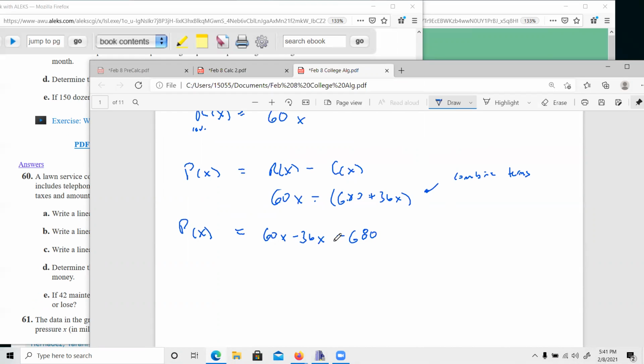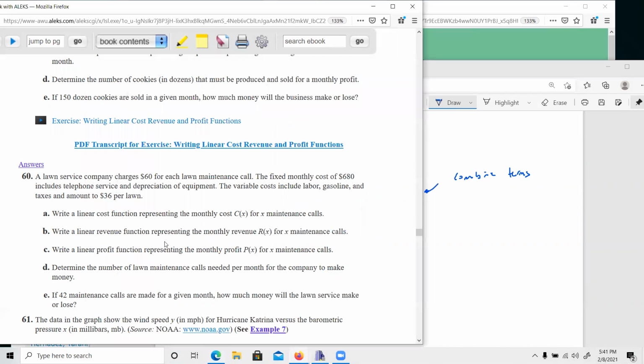I think we're stuck here at 24X minus 680, because 60 minus 36 gives me 24. So that's our linear function representing the monthly profit.